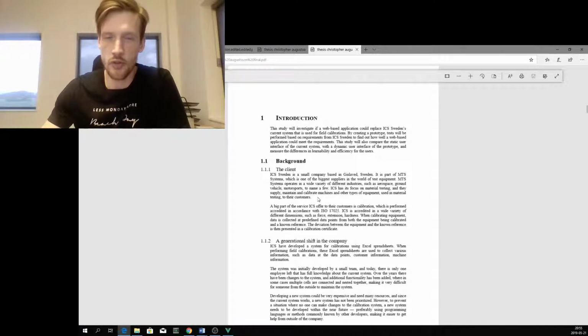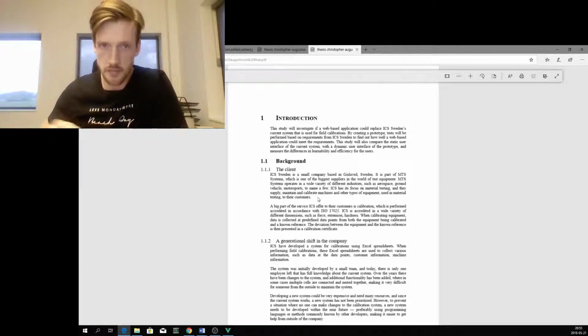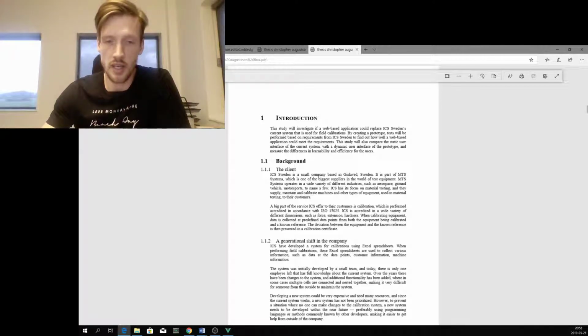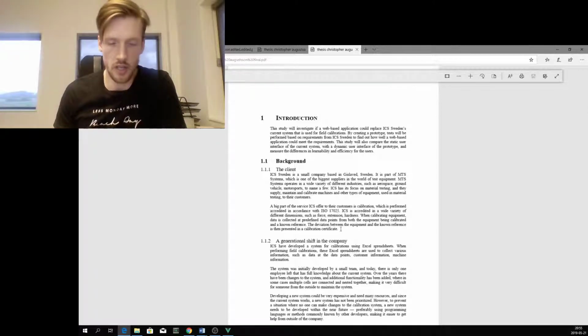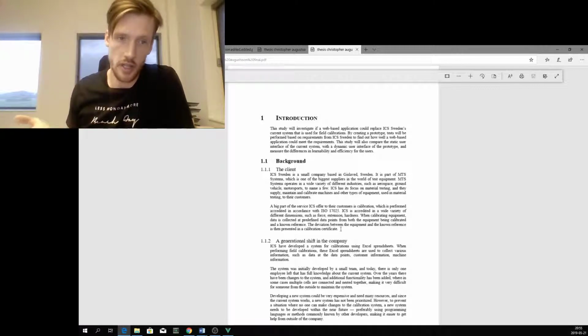A big portion of the services they provide is calibration of this equipment, and the calibration is mostly performed on site at the customer site. They do this by using a system they developed themselves that consists of Excel documents. In these documents they enter customer information, they acquire measurement data, and eventually it will end up as a calibration certificate.